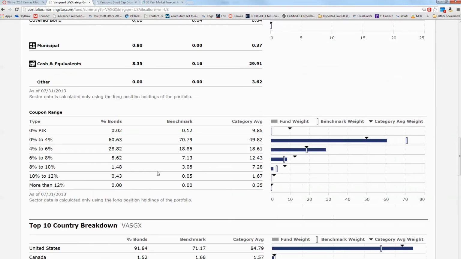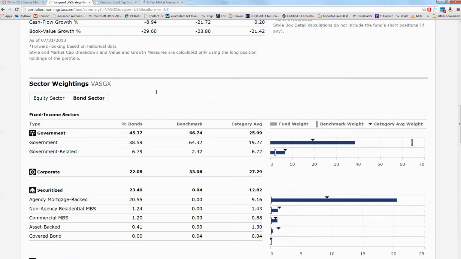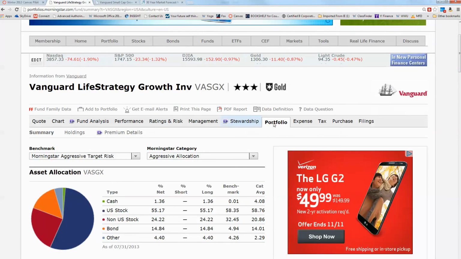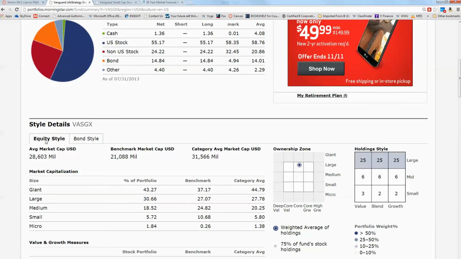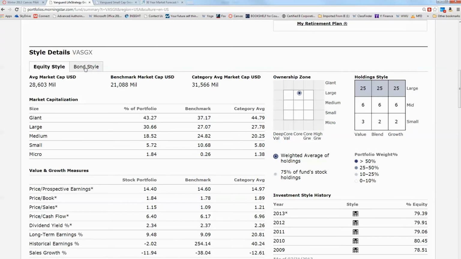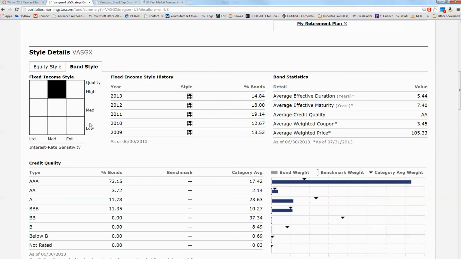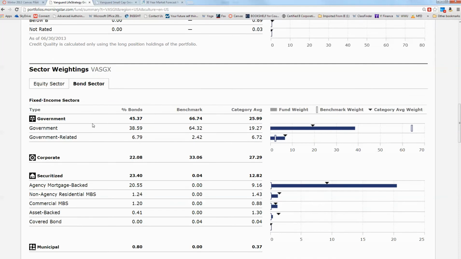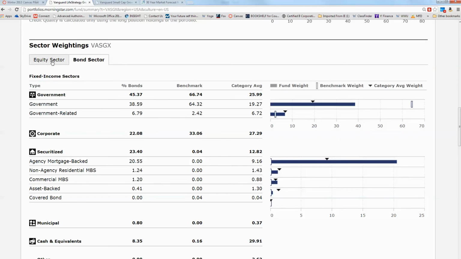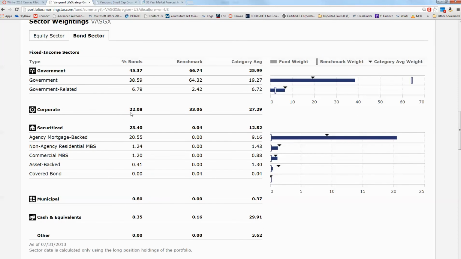So under my portfolio tab, again, my portfolio tab right here, I go to style details, and there's equity style, and then you can click on bond style. And there's also equity sector and bond sector. I want this time the bond sector.